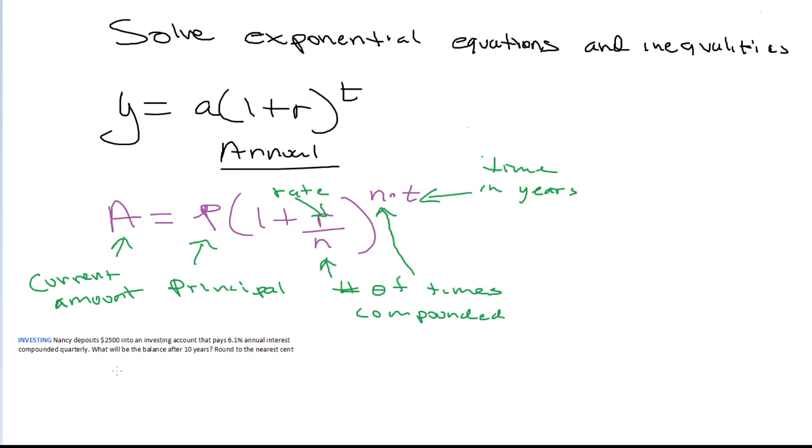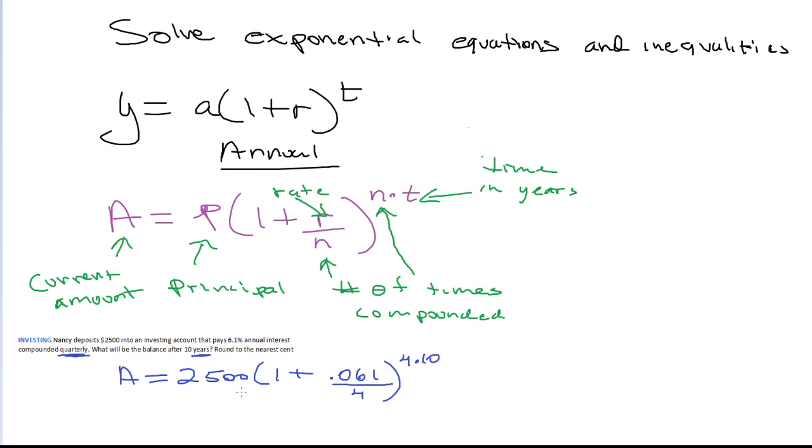The initial amount is 2,500 with a rate of 6.1%. Let's convert that to a decimal: 0.061 over n. N is the number of times it's compounded in a year. In this case, it's quarterly, 4, to the 4 times t. T is the years.